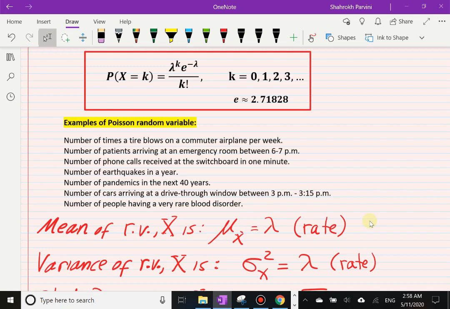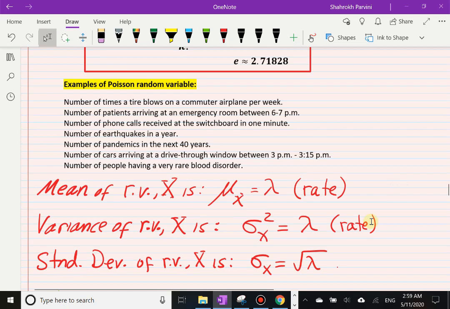It would be 5. The variance would be 5 also. And of course, the square root of that is the standard deviation, which is in units of accidents. Otherwise, the variance, remember, has squared units, that would be accidents squared. So we usually look at the standard deviation, which is the square root of the variance.